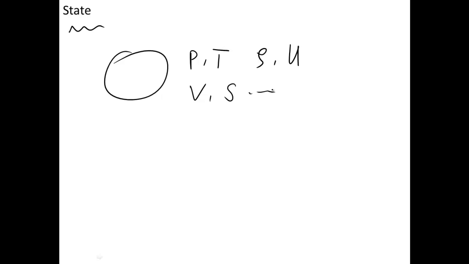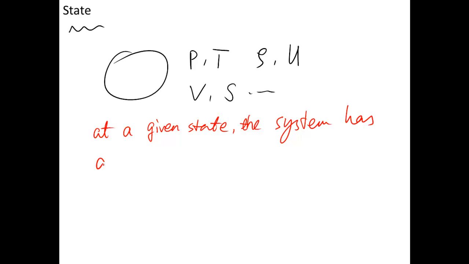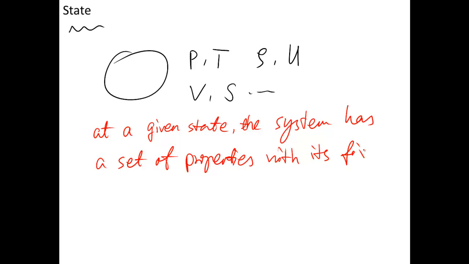In other words, and this is very important, I will write it in red color: at a given state, the system has a set of properties with fixed values.